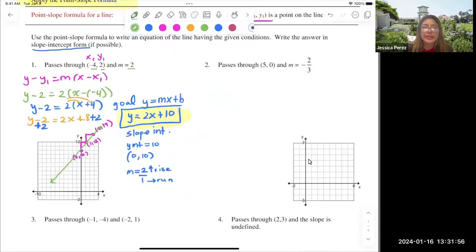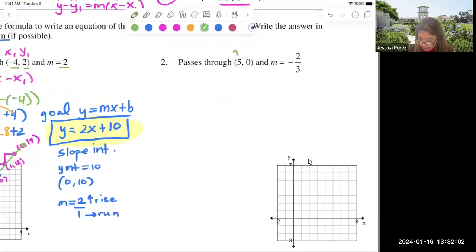Very similar. We're going to do problem number 2. Hopefully it's making sense. Again, we begin by labeling our points and writing it as y minus y1 equals m times x minus x1. Remember, this is the point slope form because that's what we're given, a point and the slope.